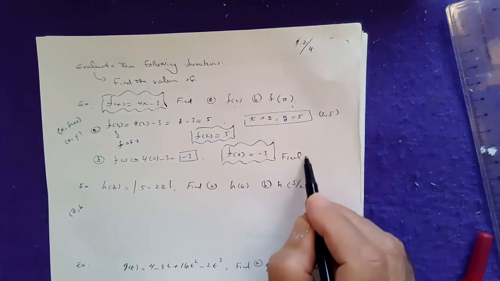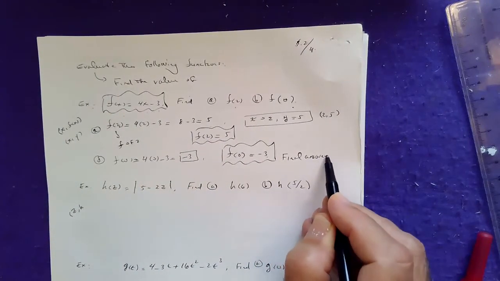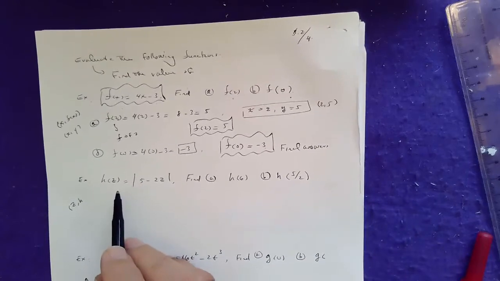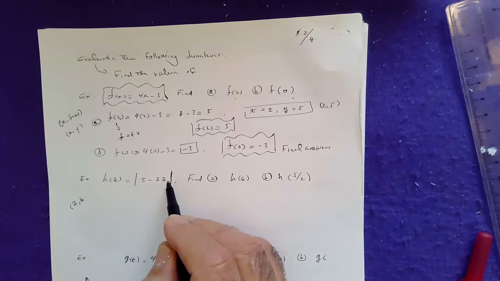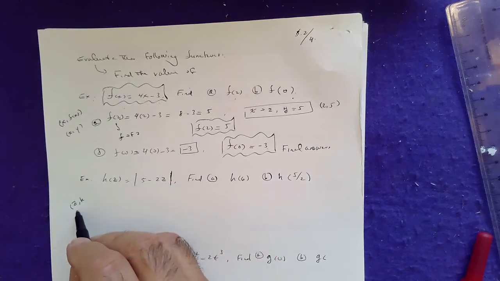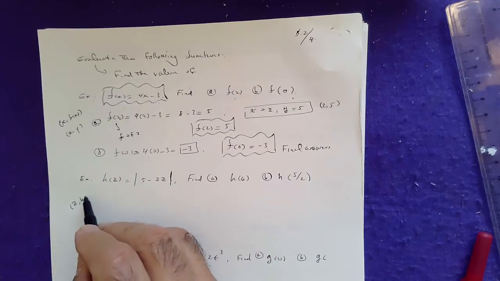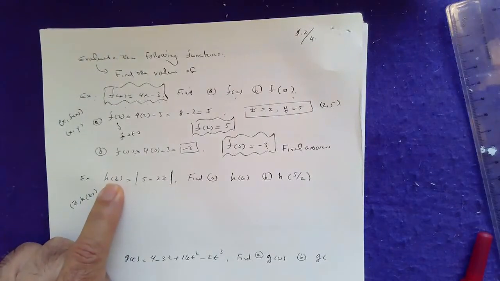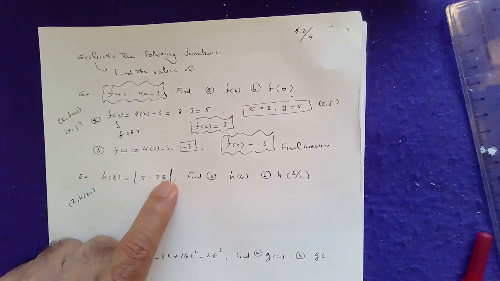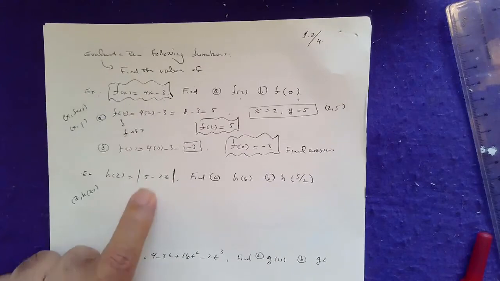Final answers. h of z is equal to the absolute value of minus 2z. So remember, in this case, the ordered pairs are z and h of z. Remember, h of z is just a nickname for y. And instead of x, now the independent variable is z.